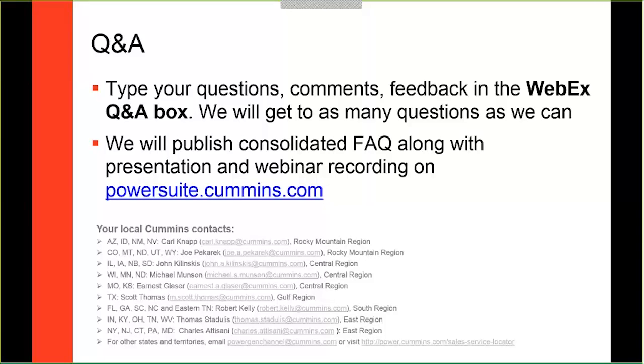Next question, Mike. When in altitude derate condition does fuel consumption change? Great question. So we talked about the impact on the output of the generator set based on the altitude. And really what we're talking about there in particular is the change in air density. As air density decreases, it's harder for the engine to make full power.